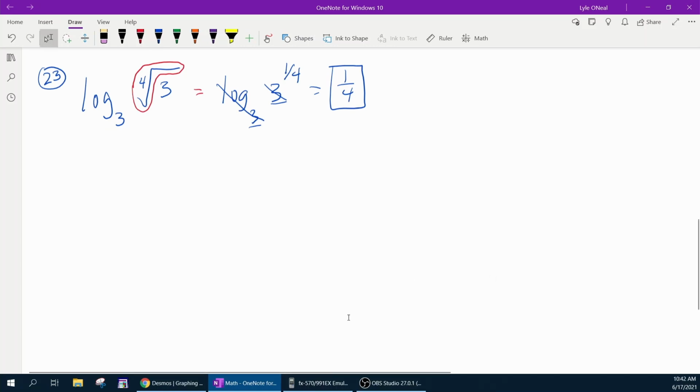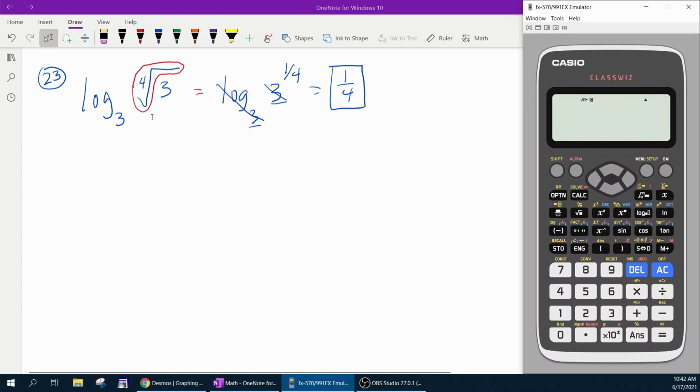And again, we're going to show how to input this on the Casio just in case you want to check your work. Here we're going to use the log any base button, log base 3 of, now we're going to have to do a 4th root. So we're going to come down and use the any root button. That is shift and X to the any power gives us the any root button.